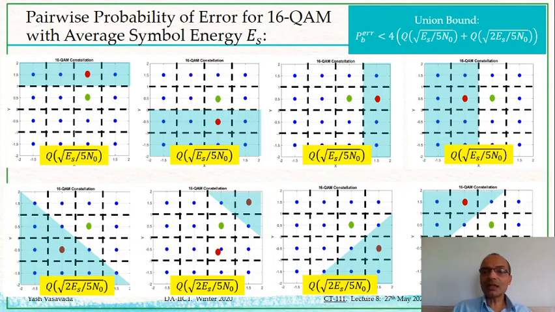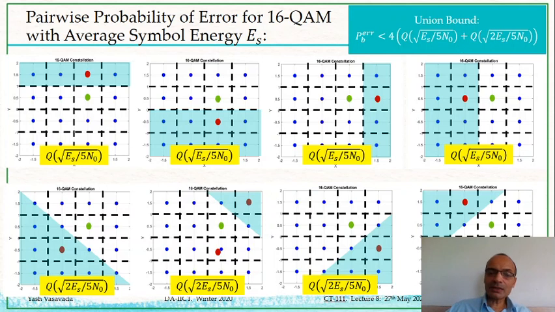We know that the actual probability of error can never be bigger than this, because if I add all of these blue colored regions, the union of all of them is greater than the other blue colored region that we saw 2 slides back. In fact, some parts of that blue colored region get counted multiple times in this theoretical expression. So this is kind of an upper bound. Our performance can never be worse than this.